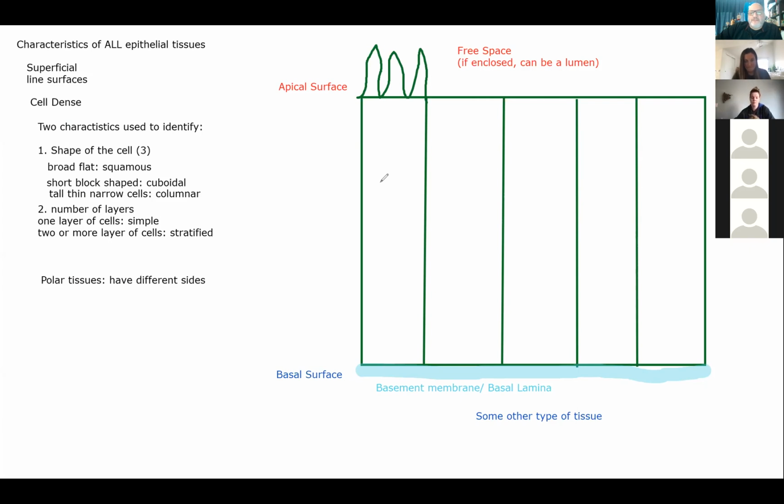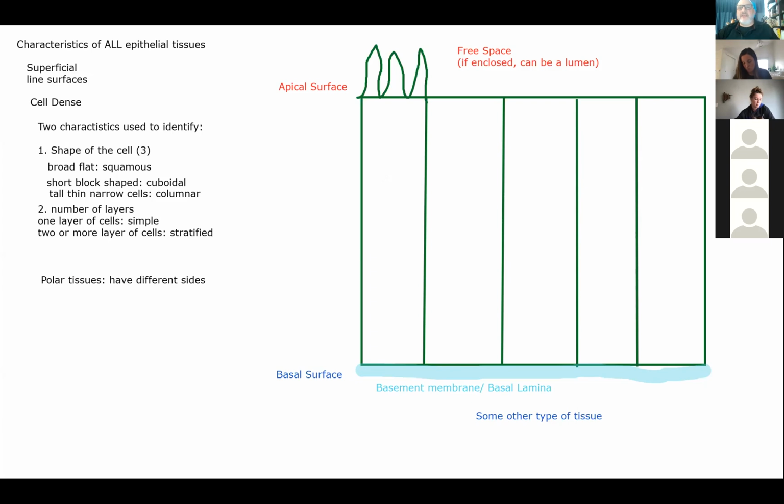We just mean that it has different sides. It has an apical surface that faces the free space and a basal surface that faces the bottom and has the glue, the basement membrane that holds it in place. All right. Questions on that?